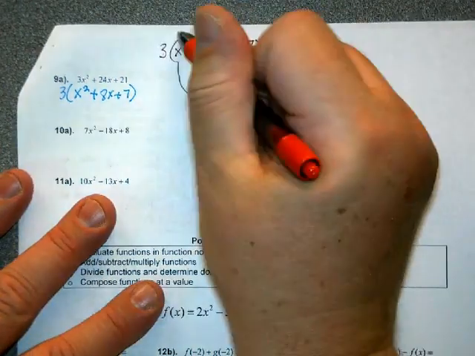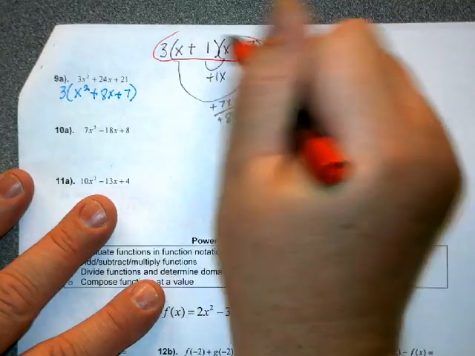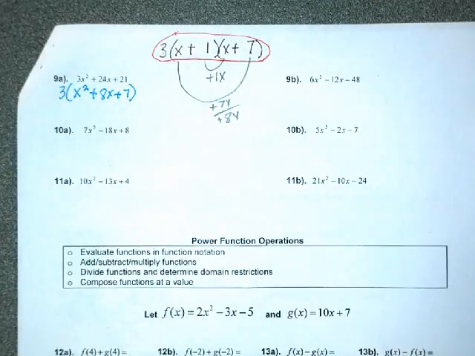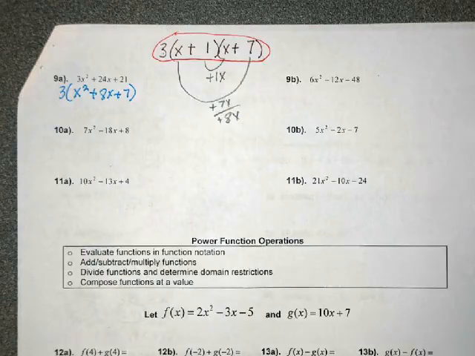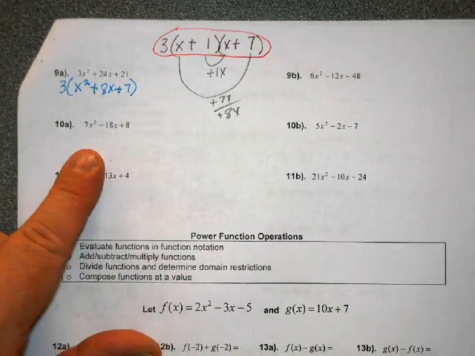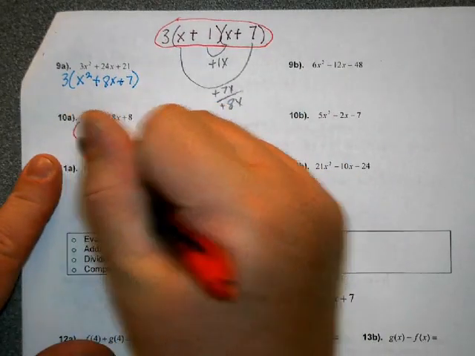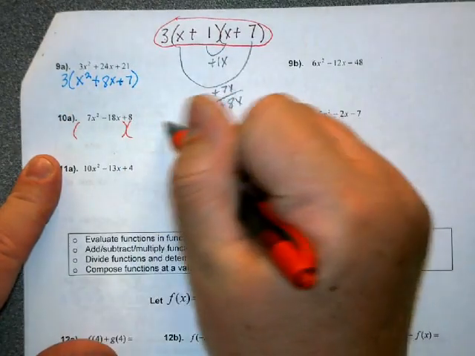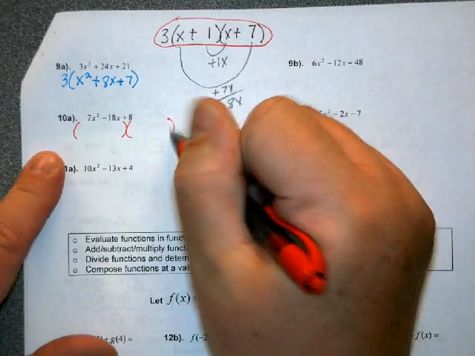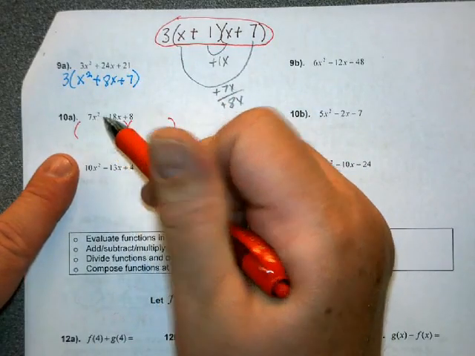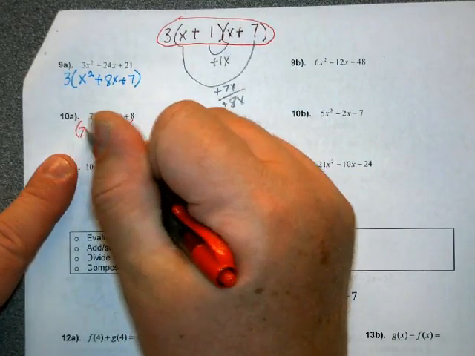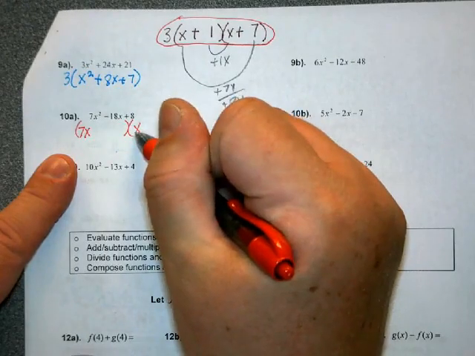Okay, 10A. Can we factor anything out? Nope. So we're going to go directly to our factors. Only one way to get 7x squared, right? 7x times x. Factors of 8: 1 times 8, 2 times 4.